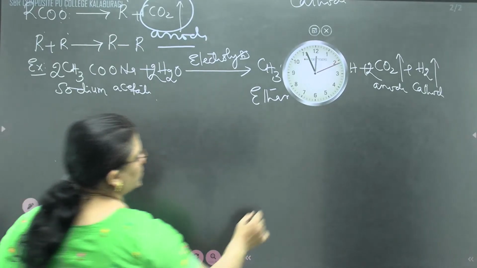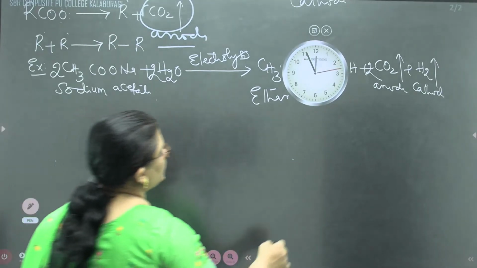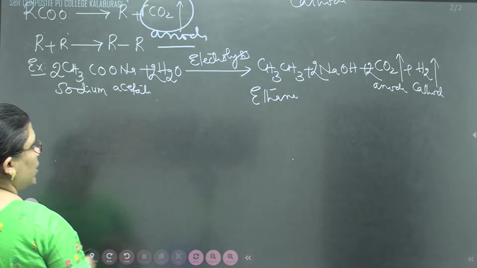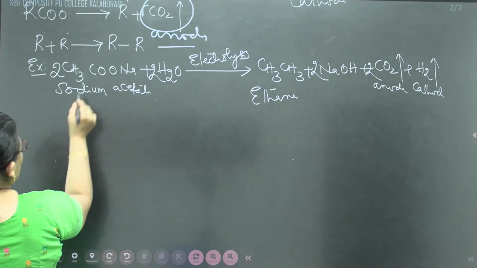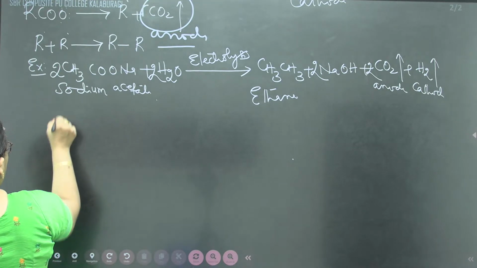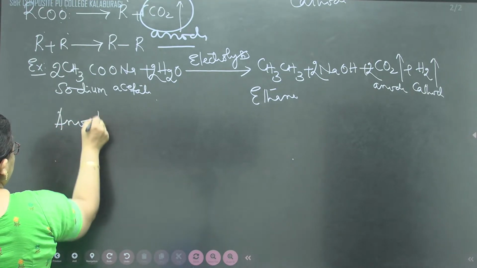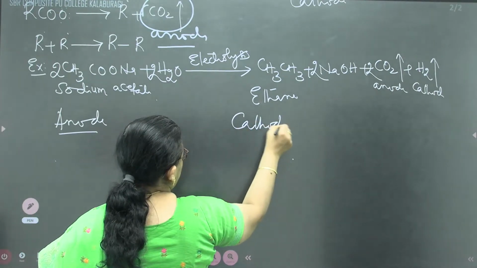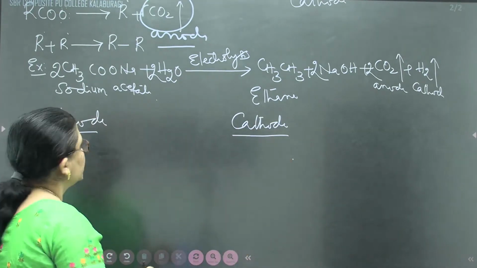So here, if we take sodium acetate, we'll write the reaction at anode as well as the reaction at cathode.